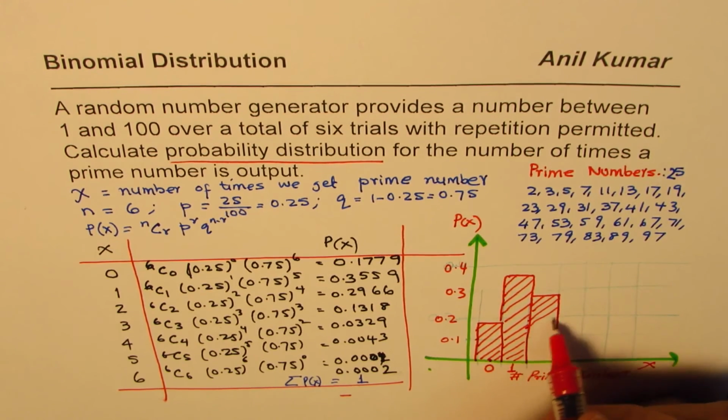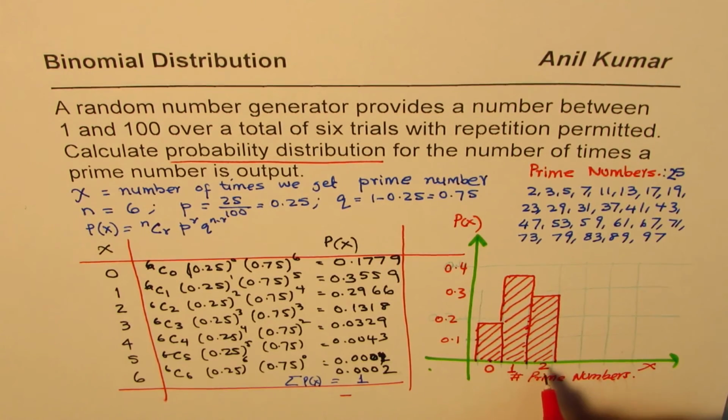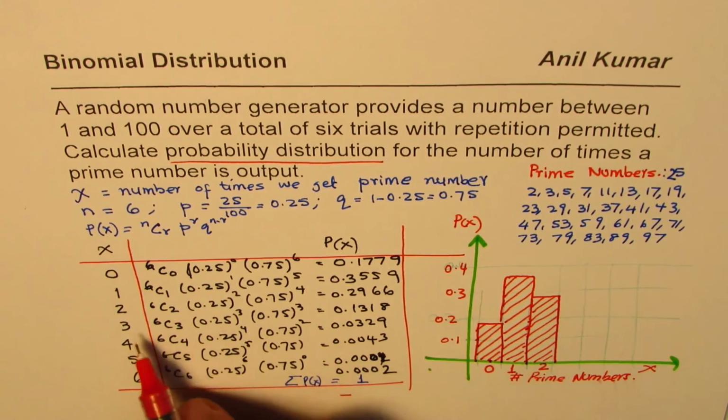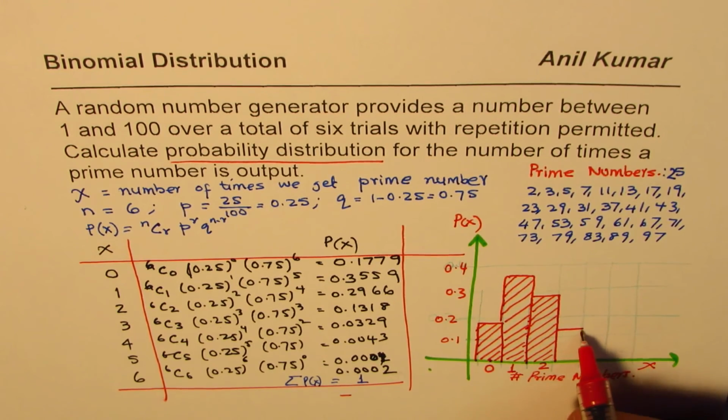Take care that when you draw these, it's good to have some clarity about what we're trying to do. 0.13 is when it is 3, so kind of like this.